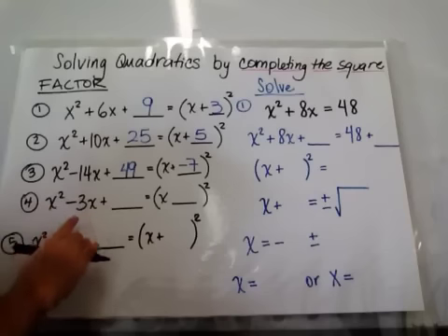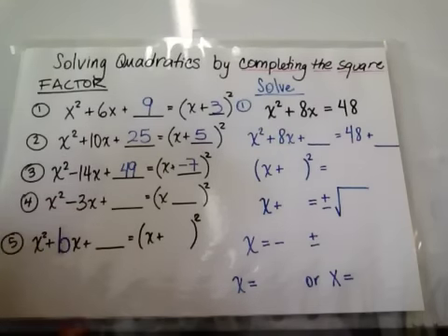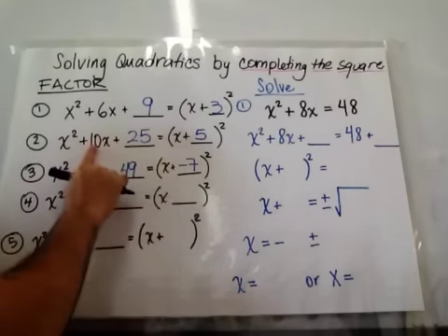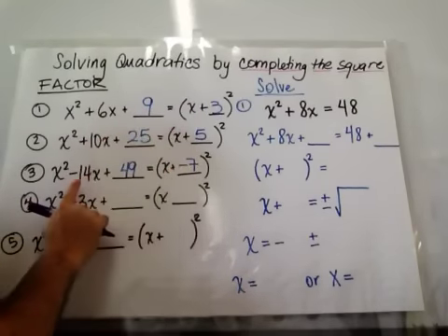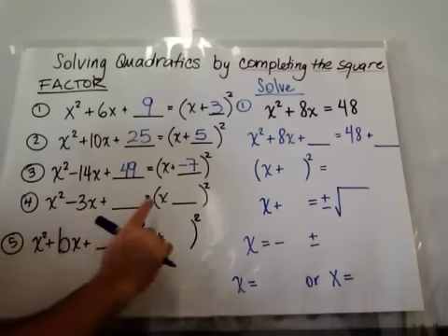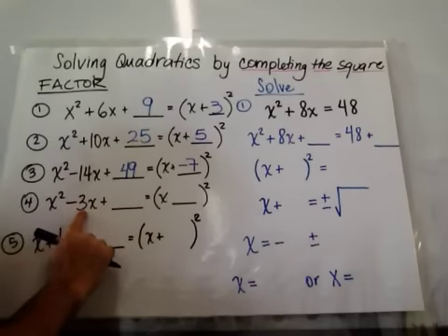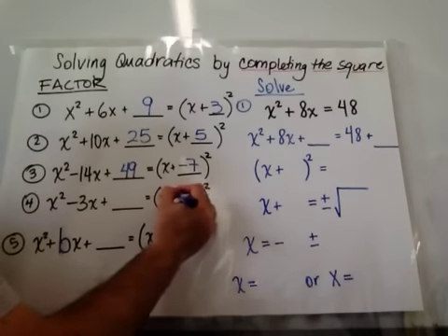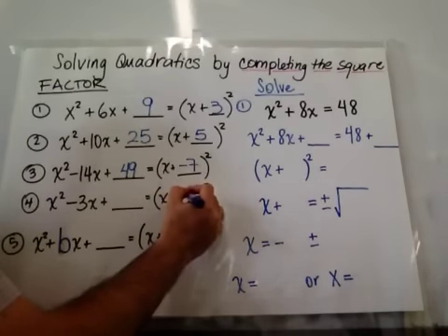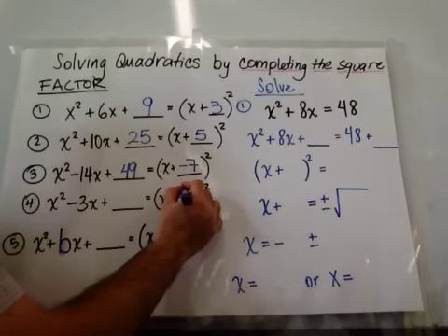This other one is a little trickier because 3 doesn't have a half. We already noticed that this number is half of this one. The 3 is half of the 6. The negative 7 is half of negative 14. So, what is half of negative 3? That is negative 3 halves, or 1.5.